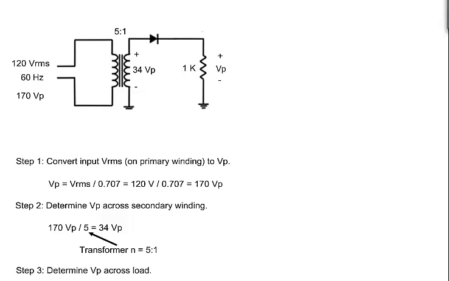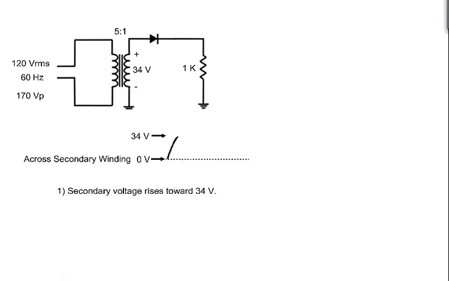Finally, we can now determine the peak voltage across the load. The voltage across the transformer's secondary winding begins rising toward 34 volts.